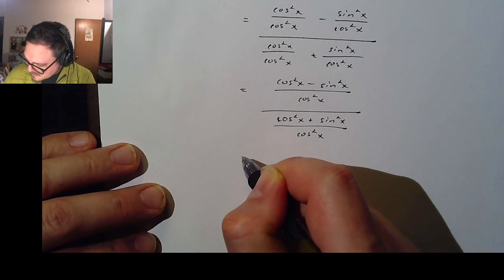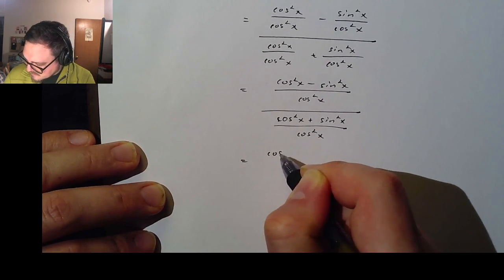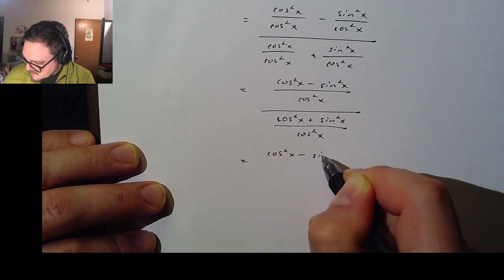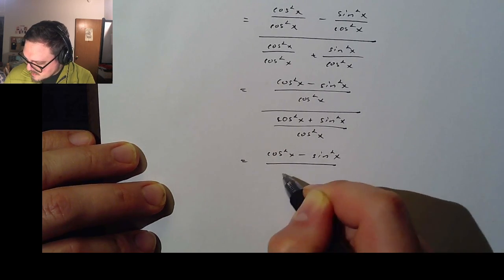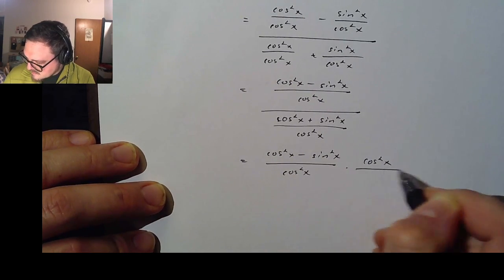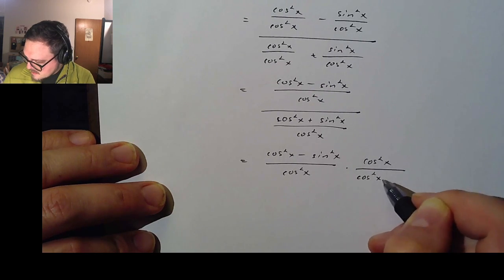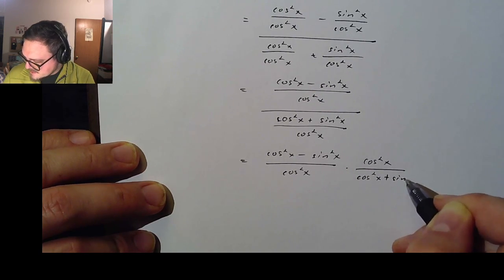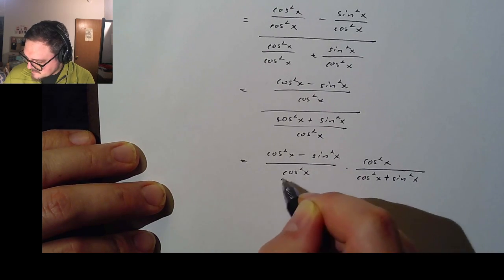So as I go on to the next step, I can say something like cosine squared x minus sine squared x over cosine squared x times cosine squared x over. Eagle eye students will recognize that some of this actually simplifies quite nicely.